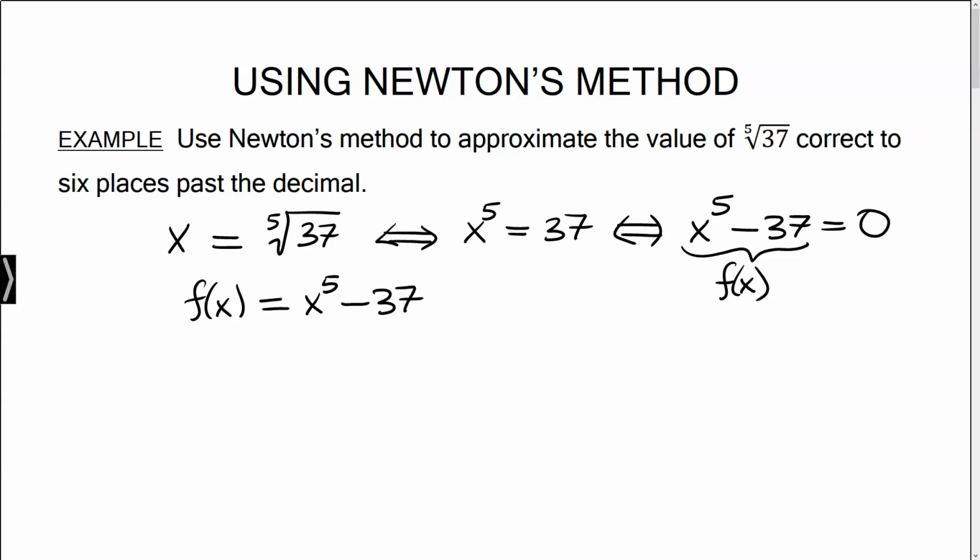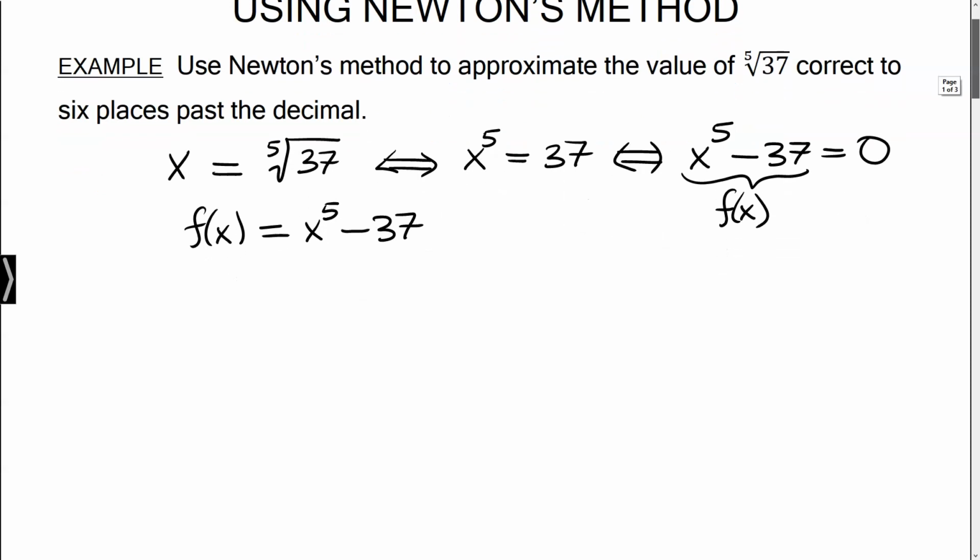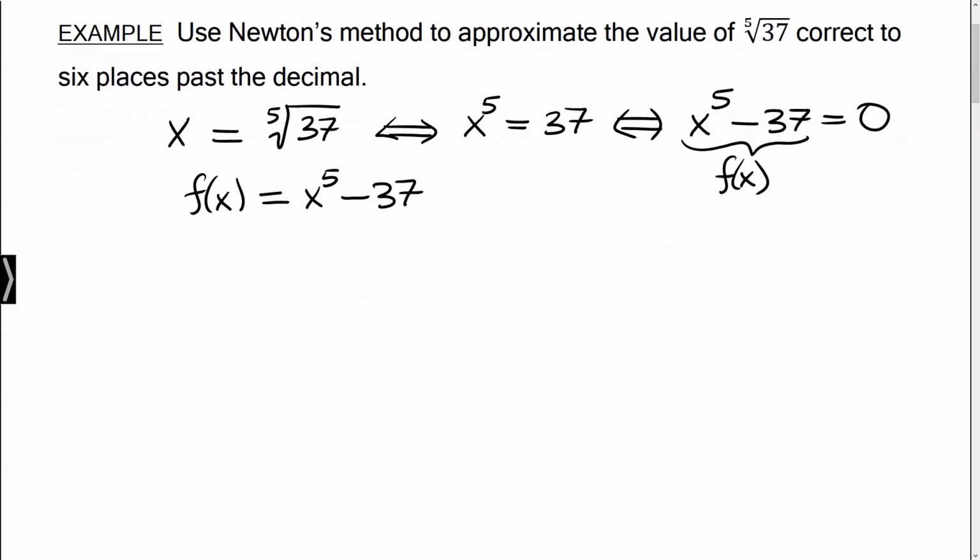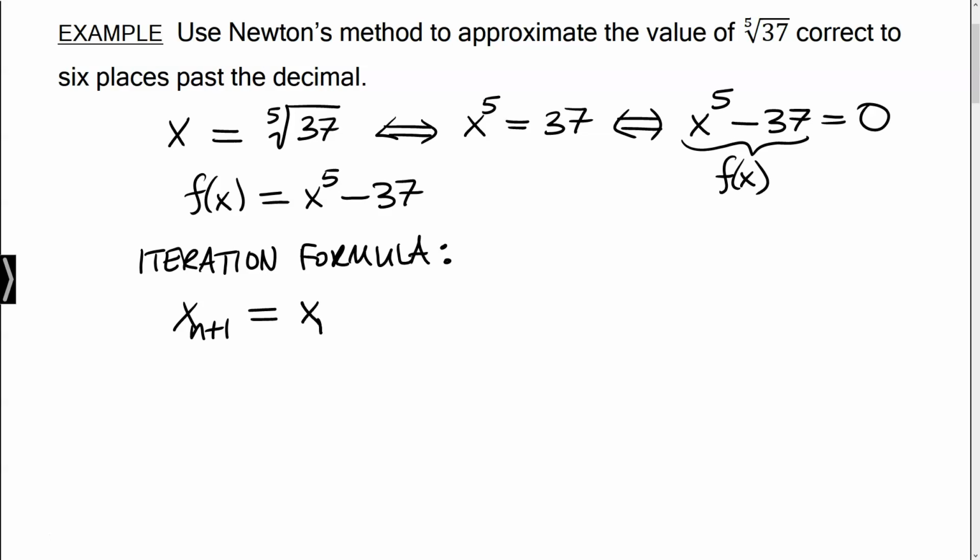And what we're trying to do now is figure out what is the 0 of this. So let's remember what the Newton formula is. It's the iteration formula. The iteration formula says that each additional term in the sequence of iterates is given by the previous term.